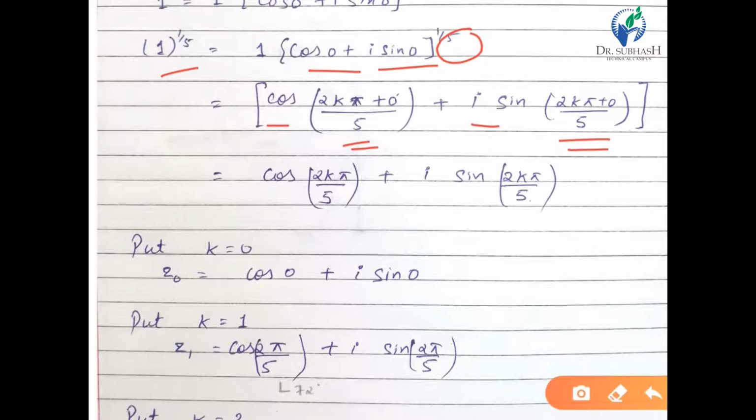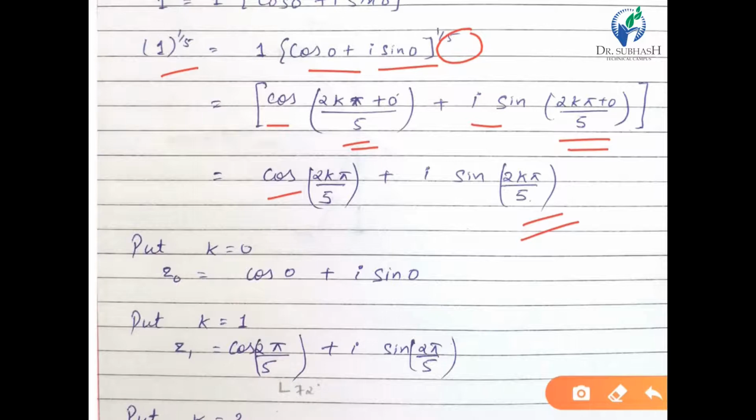This can be written as cos 2k pi by 5 plus I sin 2k pi by 5. We have to take values of k up to n minus 1. So we will go for k equal to 0, k equal to 1, k equal to 2, k equal to 3 and k equal to 4.